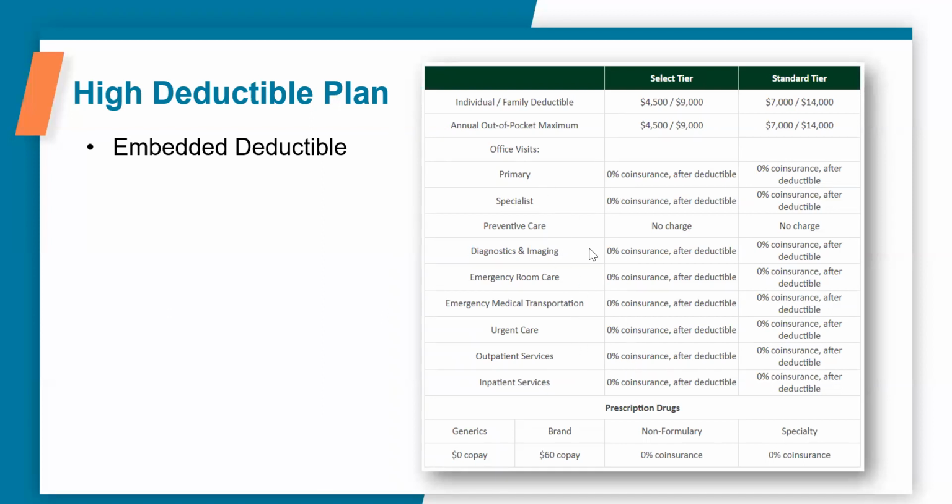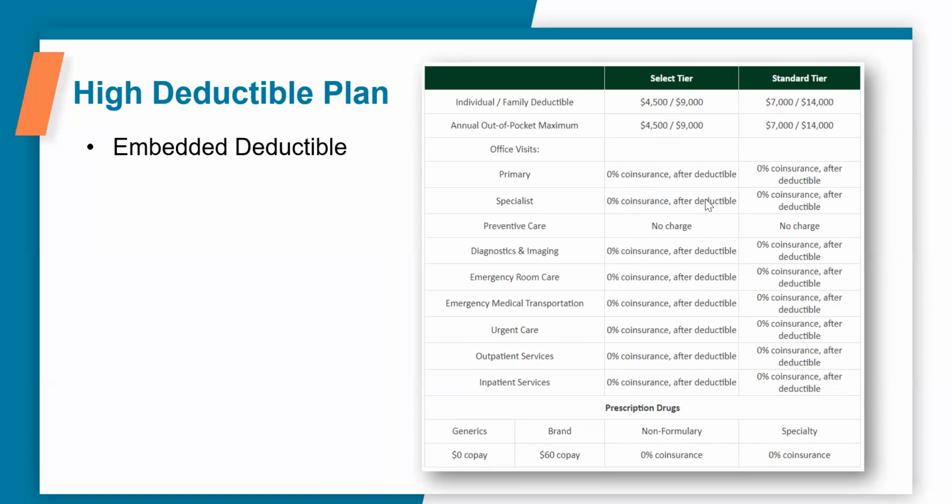So on this plan, you can see that the deductible amount is higher, but the amount that you are paying towards those services after you have paid your deductible is much lower. So for example, if you know that you have a surgery coming up and it's going to be, we'll guess, $12,000, it may be a good idea to elect a high deductible plan because while you will pay the $4,500 towards that service, the remainder of that cost will likely be covered by insurance.